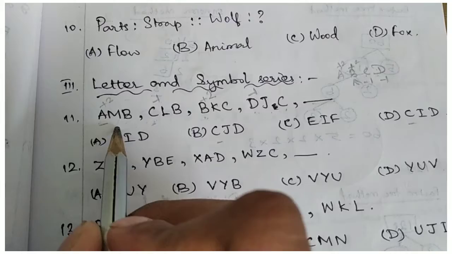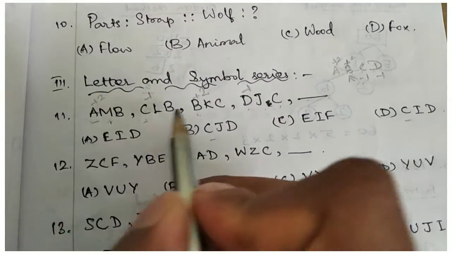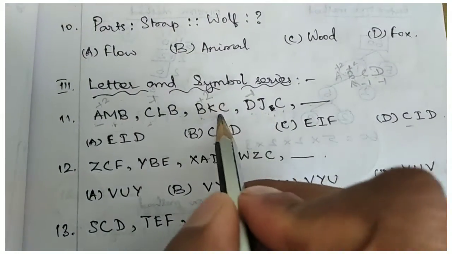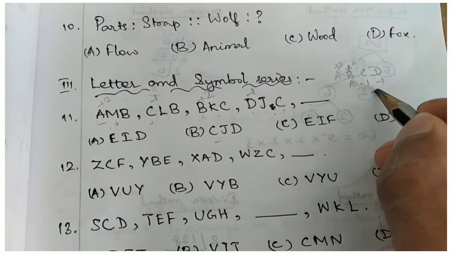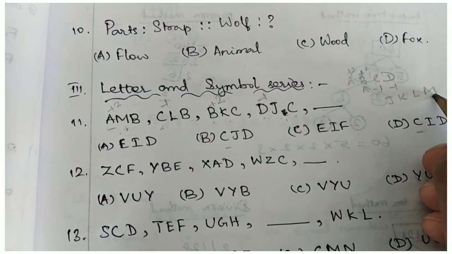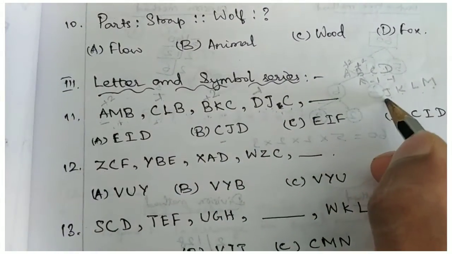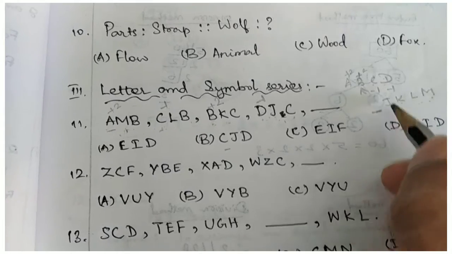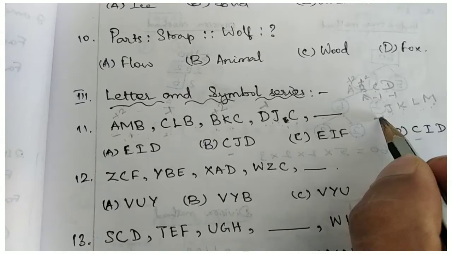Now let us go to the second letter, M. Okay, M, L, K, J. So it is in descending order. In the alphabets, it comes J, K, L, M. So it is in descending order: M, L, K, J. So the alphabet before J, what is it?